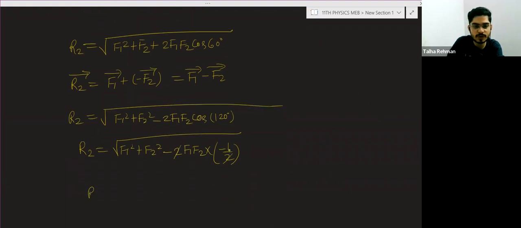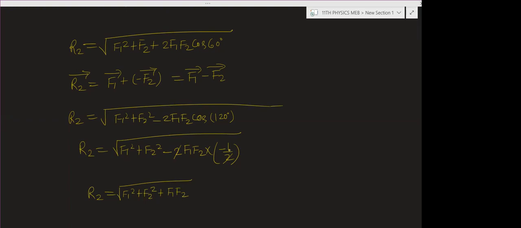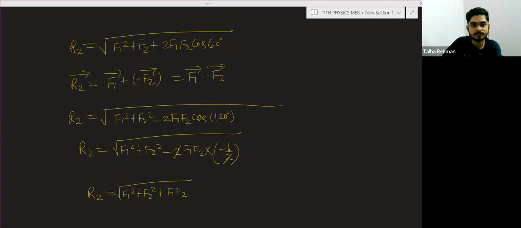So you have the resultant R2 will be F1 square plus F2 square plus F1 into F2. Now got it? Yes, sir. So both ways you can solve.